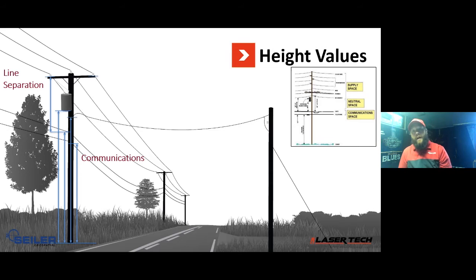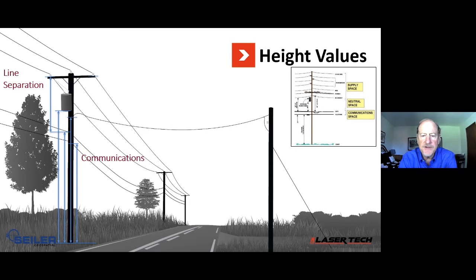When I was out there doing my job, we were determining how many attachments were on the pole, and whether they are at a certain distance away from the power line, giving them their neutral space. It's really a game of inches, because it can be anywhere from 40 inches all the way down to 12 inches away from those lines. Yeah, those power clearances are usually 40 inches, communications usually 12, right? Right. Yeah.